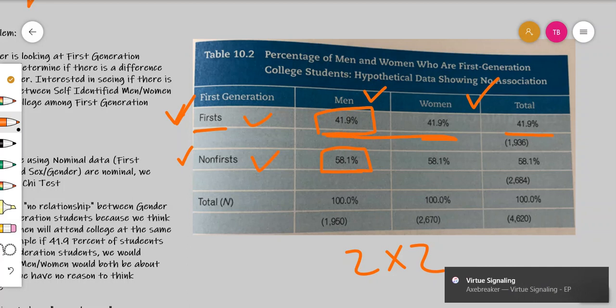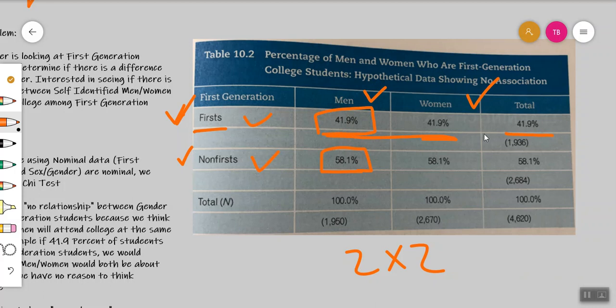There's no reason for us to think that there's going to be any difference among gender between first generation and non-first generation. Okay? So we're going to assume that there's no relationship.